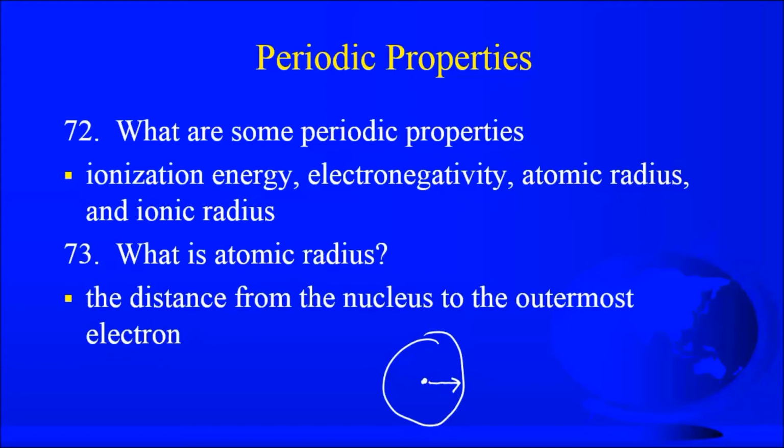There you go. If you can't even tell where electrons are, if you're not even sure that electrons exist, how do you know where the outermost electron is? We can actually take pictures of atoms using scanning tunneling electron microscopes. They give us 3D bumps to represent the atoms.